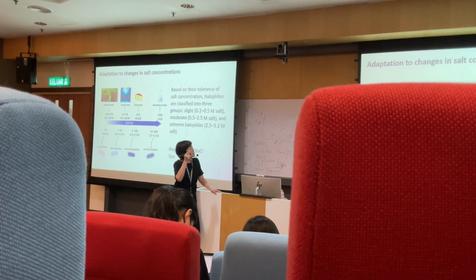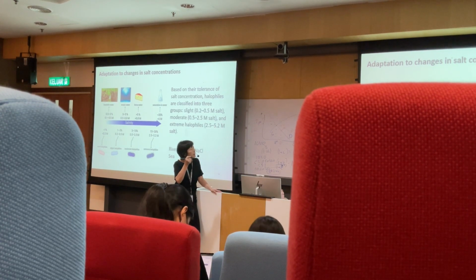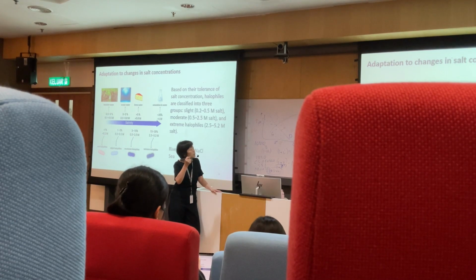Alright? Now we're talking about this river, which is fresh water, has very, very little, 0.05 of the salt. And those are the conditions that are normally for non-halophile. Those non-halophiles will be able to live in this fresh water.